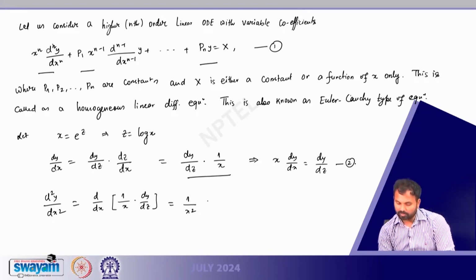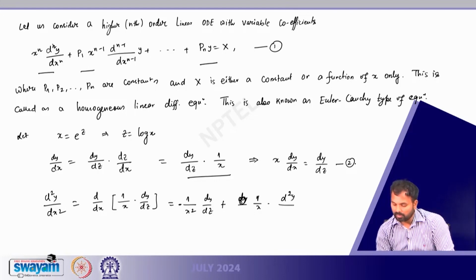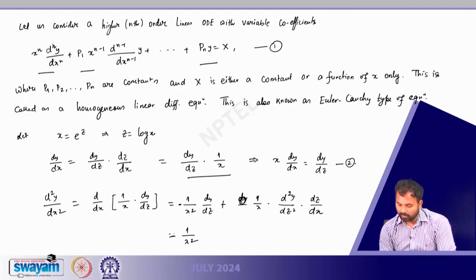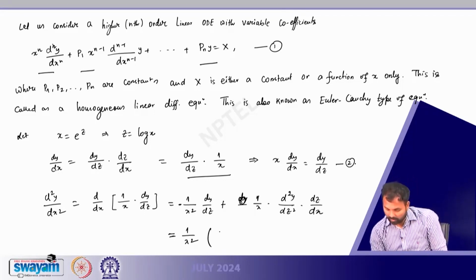We will do term by term: minus 1/x^2 into dy/dz, and then plus 1/x into d^2y/dz^2, and then that will become dz/dx, right. So dz/dx is again 1 by x. So I can take 1/x^2 out, and this will become d^2y/dz^2 minus dy/dz.